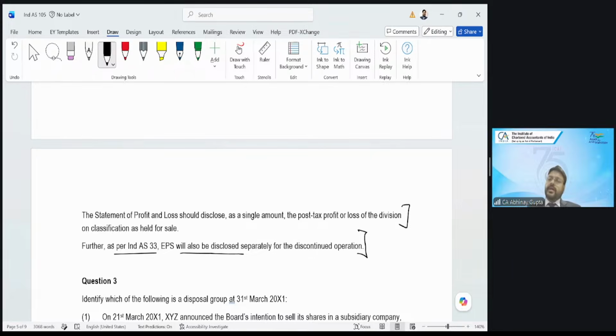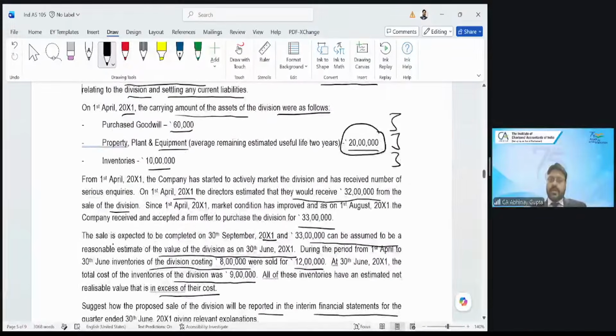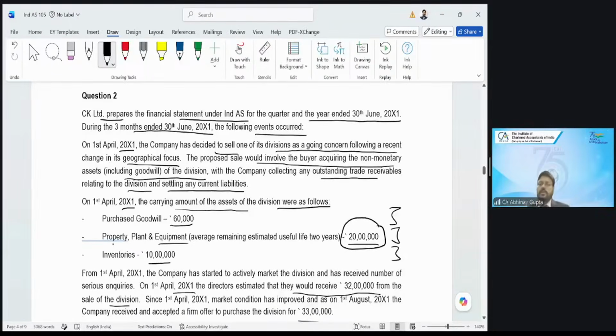Now, why are we calling it out here? We were supposed to give the answer with reference to Ind AS 105 only, no? So assuming this question is coming in your examination, an examination question is a well-rounded question which might require you to cover various aspects of various Ind ASs all in one question, right?